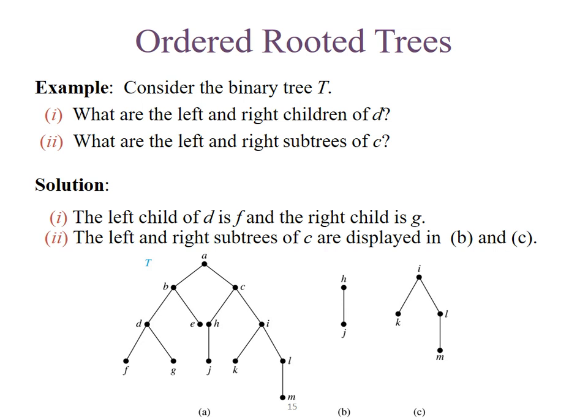C is here, and we know C has left and right children, H and I. If we consider H and I as the roots of rooted trees, then this will be the left subtree, and this will be the right subtree. So if you need to answer the question, you can draw this one, and this is the left and right subtree.